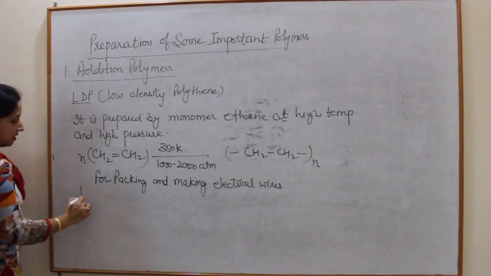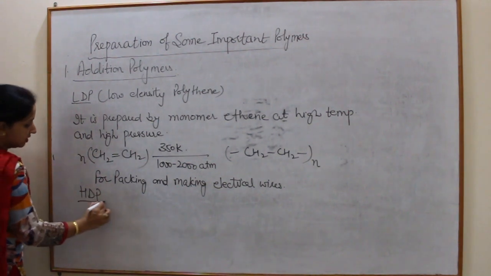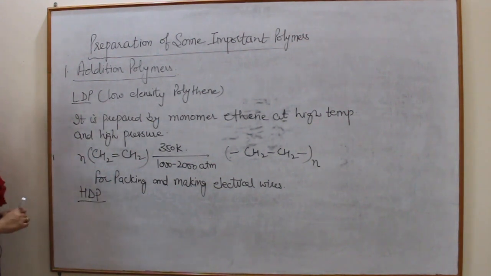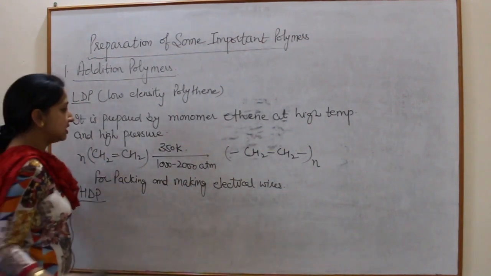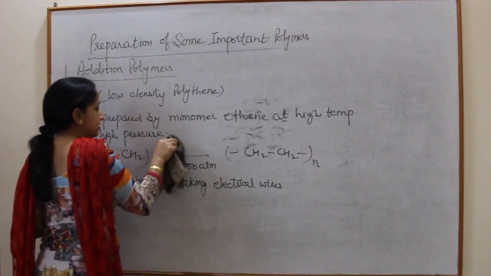Next is HDP, that means high density polythene. Again the monomer is ethene, but the reaction conditions are different.